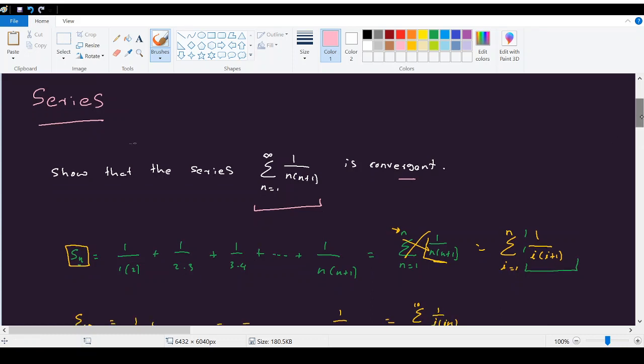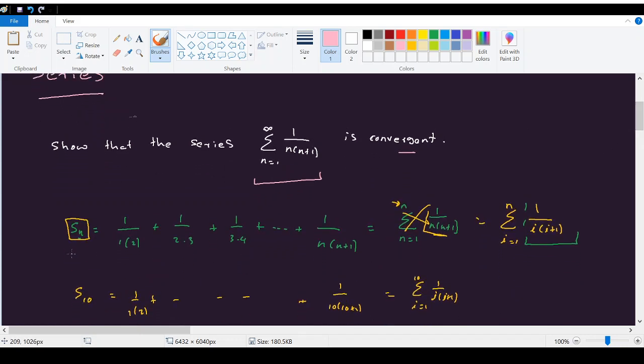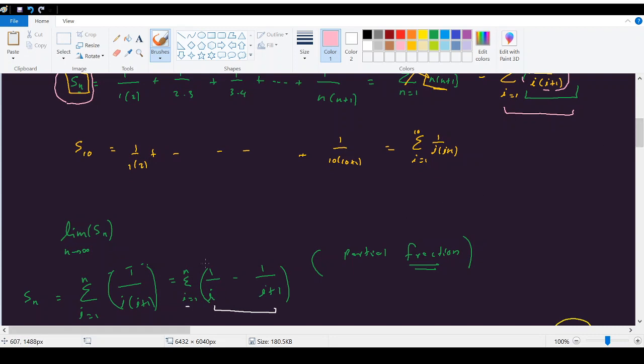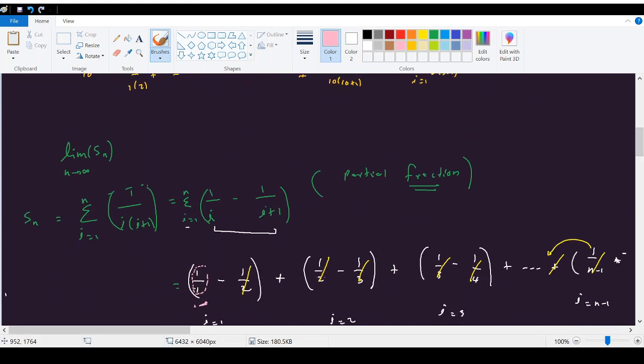So according to the definition of convergence, we need the partial sum sequence, and we saw that the partial sum can be written like this, and then this general term of the series in the partial sum can be decomposed like this. If we did not do this decomposition, we won't be able to figure out this cancellation, right?